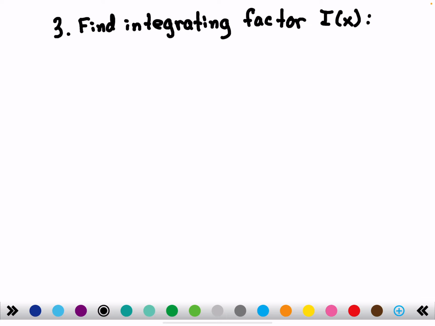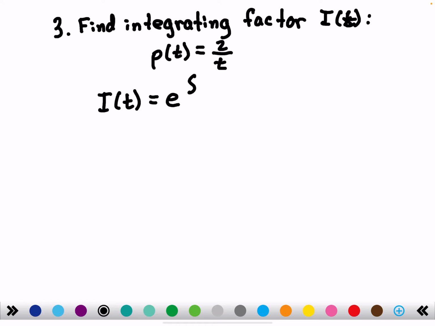Number 3, we need to find the integrating factor I sub t. And in step 2, we determined that p sub t was 2 over t. So the integrating factor I sub t is equal to e to the power of the integral p sub t dt.